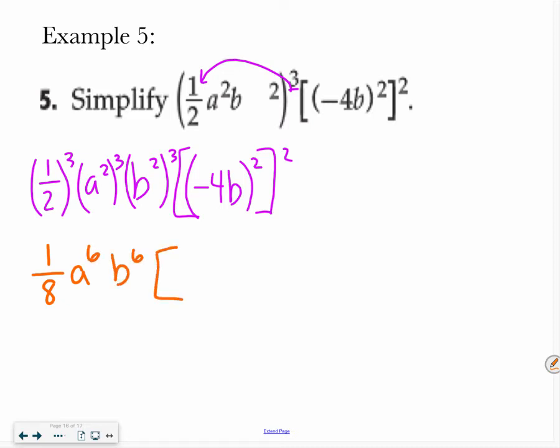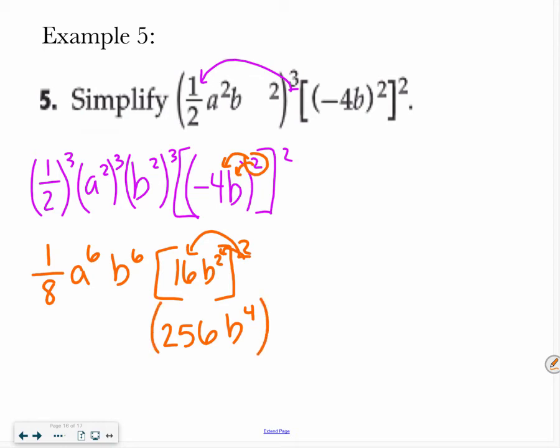Then if I get rid of this squared, that becomes negative 4 squared is 16b squared, and that's to the 2nd power. So if I do 16 squared, I end up with 256. Then I do my power to power, so I end up with b to the 4th. And this is all still being multiplied by b to the 6th, a to the 6th, and that 1/8.